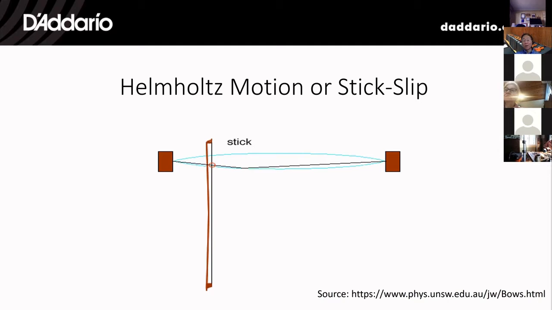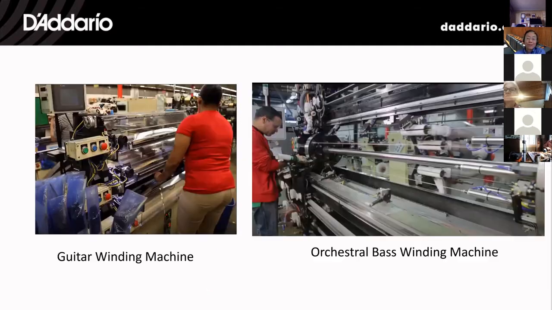So now, how do we control and minimize bending stiffness? Well, the main way we do that is we wind strings. And actually, that's the major thing most string companies do. If you come and visit our factory, you'll see dozens and dozens, hundreds of winding machines.